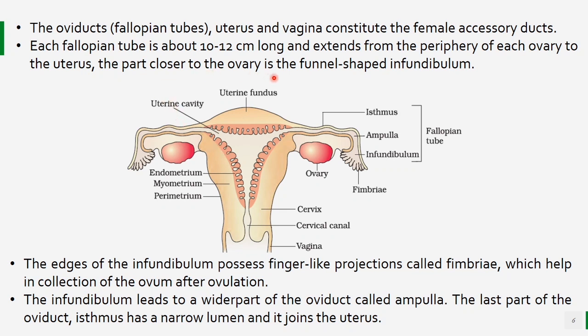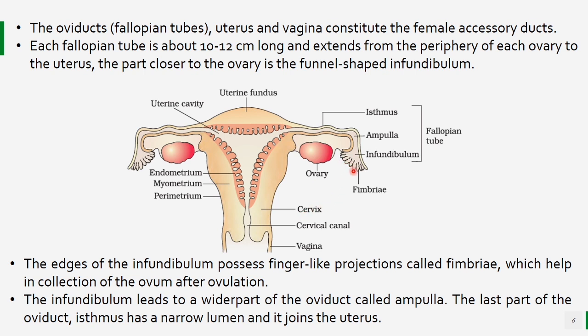The part closer to the ovary is the funnel shaped infundibulum. The edges of the infundibulum possess finger like projections, these are fimbriae, which help in the collection of ovum after ovulation.